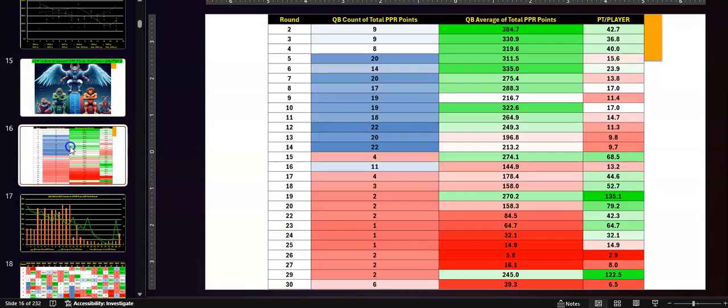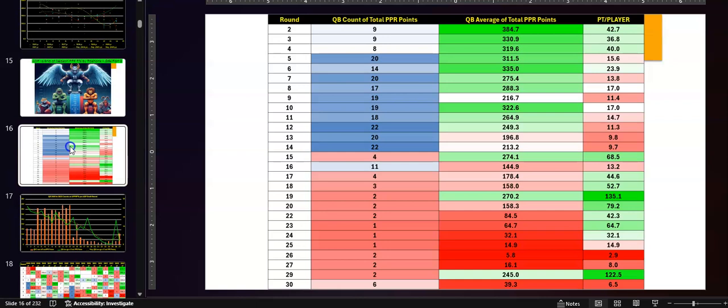Global patterns and things. Okay, now I'm moving into something that I like to follow up on. I'm looking at draft rounds, so that's before the season, rounds 2 to 30. Okay, I've got a lot of data out there in these best ball and deep dynasty drafts and things.